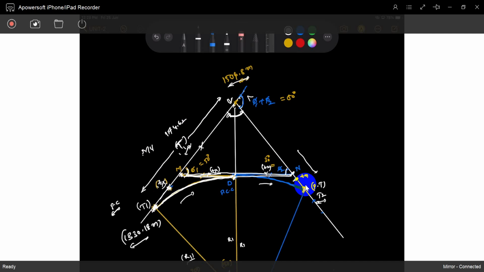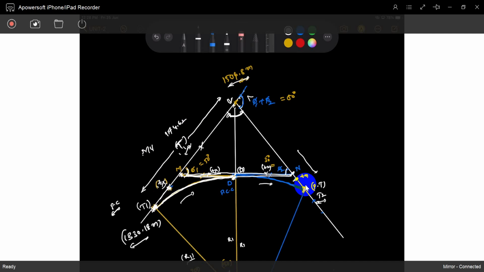Chainage point of T2, and what is the chainage point of D? As I said in the previous setting out of the simple curve, we first find the T1 point, then identify the common point.